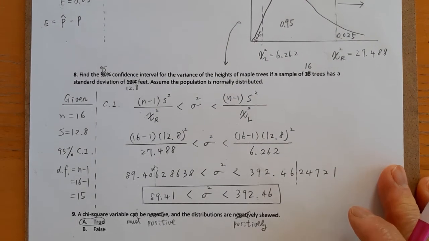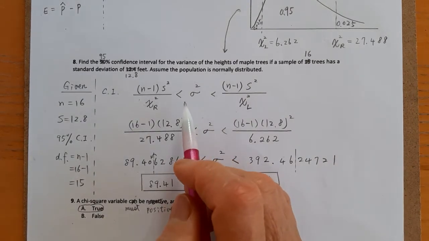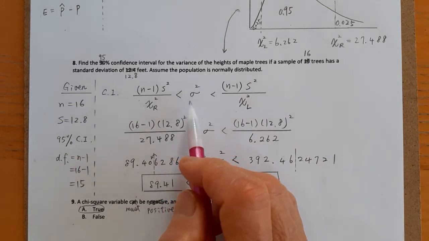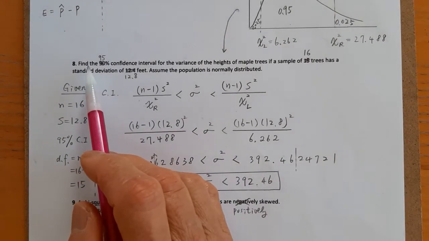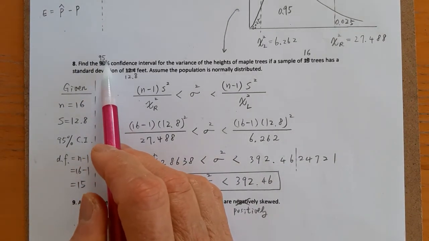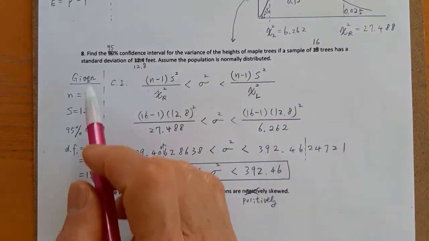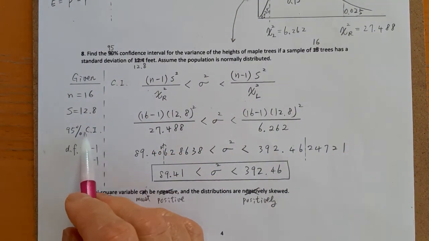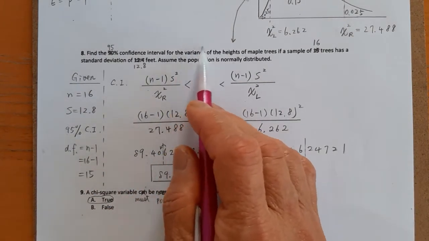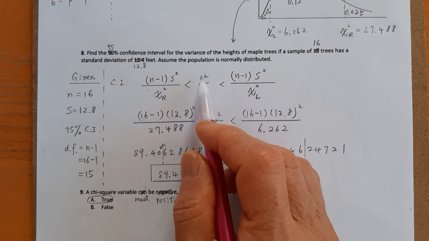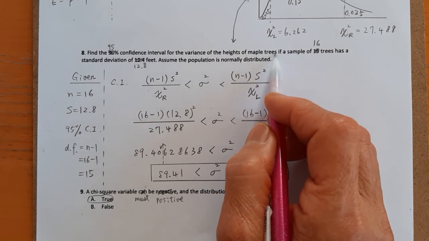And next question, question 8, we are going to figure out the confidence interval for the variance. Find the 95% confidence interval. So the given condition is a confidence interval of 95% for the variance, looking for sigma squared, the variance of the height of maple trees.